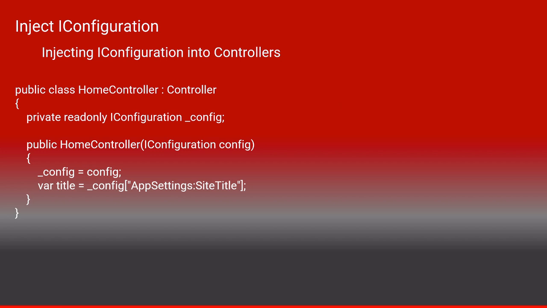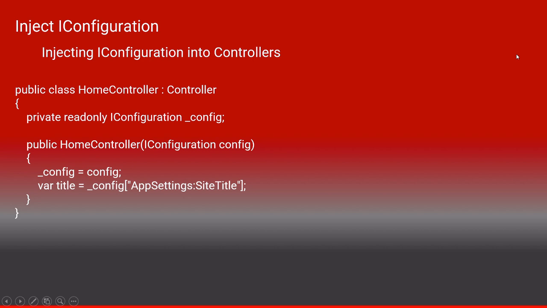Now, let us move on to dependency injection. In a typical controller, we can inject the IConfiguration interface. Here is the HomeController where we pass IConfiguration into the constructor.